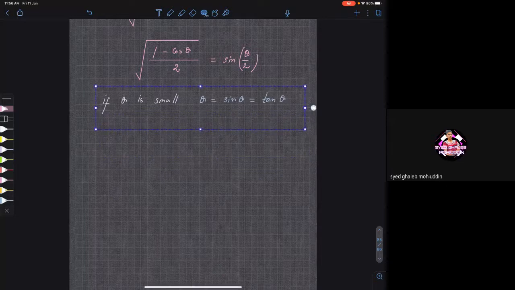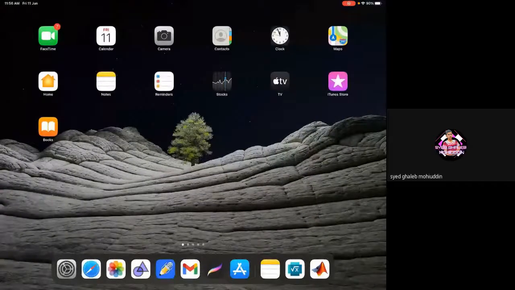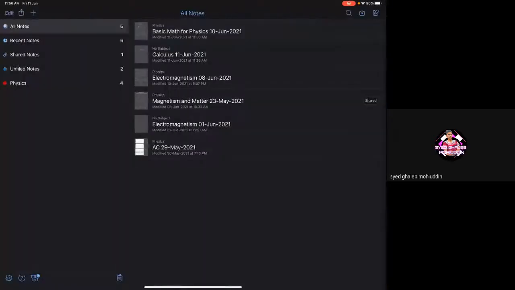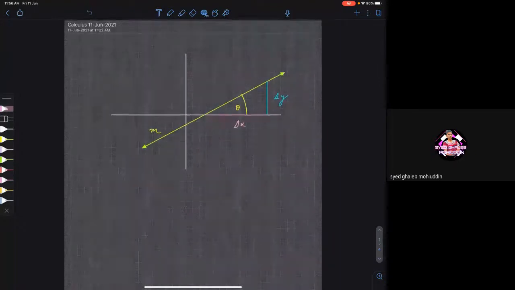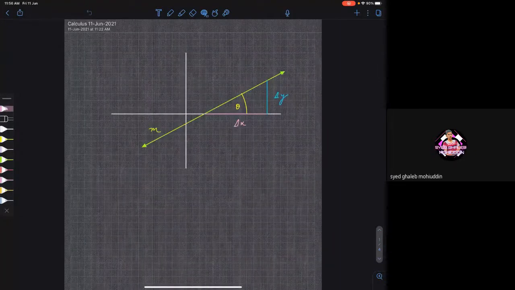This is extremely important. The topic that we are starting now is calculus. At the time of Newton, the problems he was facing were a little bit complicated, and the mathematics at that time was not very advanced.